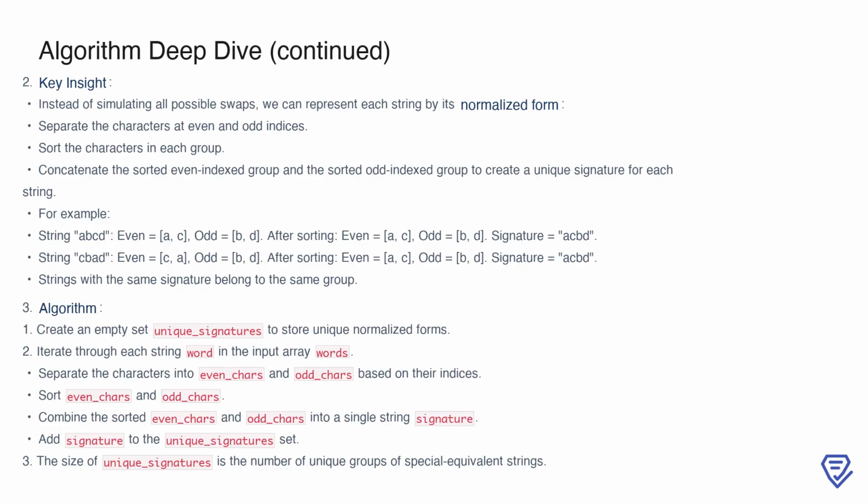For instance, the string ABCD has even-indexed characters A and C, and odd-indexed characters B and D. After sorting, these become AC and BD, and the resulting signature is ACBD. Similarly, for CBAD, the even and odd characters also sort to AC and BD, giving the same signature ACBD. Strings with the same signature belong to the same group. This approach allows us to efficiently identify and group special equivalent strings.